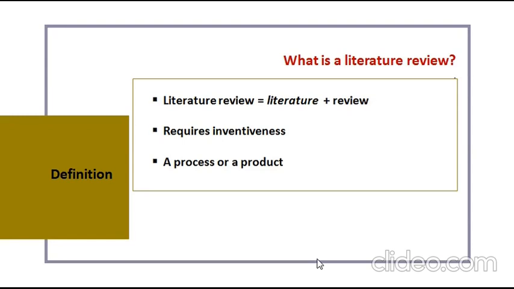Here, the process of reviewing the literature is a systematic or a step-by-step procedure where the researchers spot or find and then critically examine the documents that contain any information linked to a research problem. So this is an activity, in fact. When we take it as a product, here it refers to a section, for instance, of a dissertation, or a section of a journal article which is titled The Review of Literature.